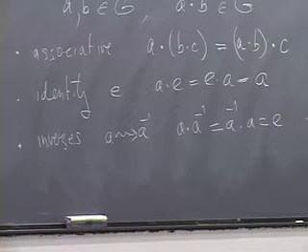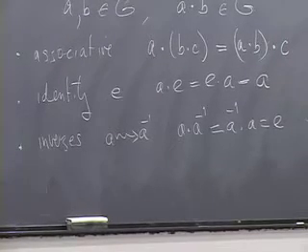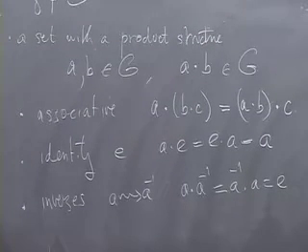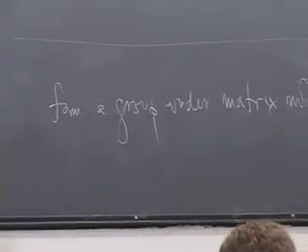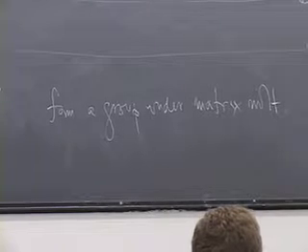Rather simple properties. And we saw that the matrices, which were invertible, formed a group under matrix multiplication. Associativity is rather difficult to check from the definition of matrix multiplication, but if you think of matrices as representing linear operators and multiplication being composition of linear operators, I'll leave this up as the homework for next time for those who come late.